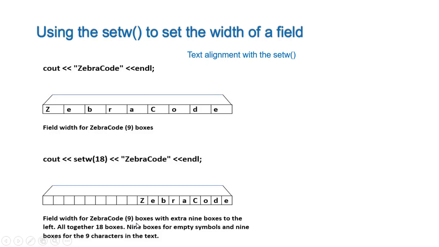So the field width is 9 boxes for the text with 9 extra boxes to the left. Altogether, we have 18 boxes: 9 boxes for empty symbols and 9 boxes for the 9 characters in the text. What that means is the text will be aligned to the right, but before the text is printed on the screen, 9 extra boxes will first be printed, and there won't be any character inside those boxes. They will just be blank spaces.